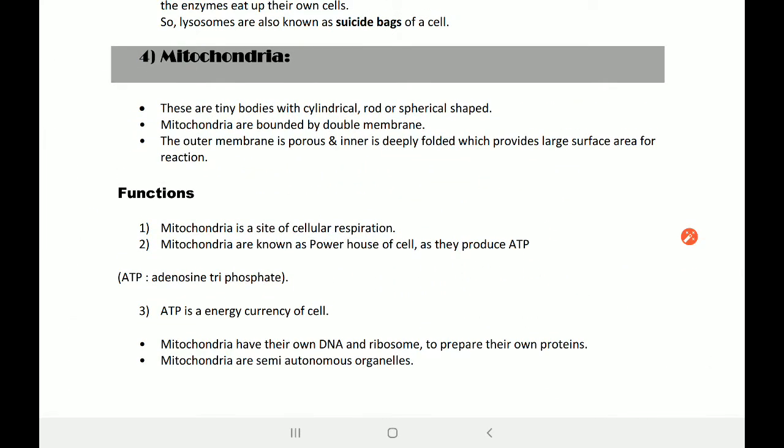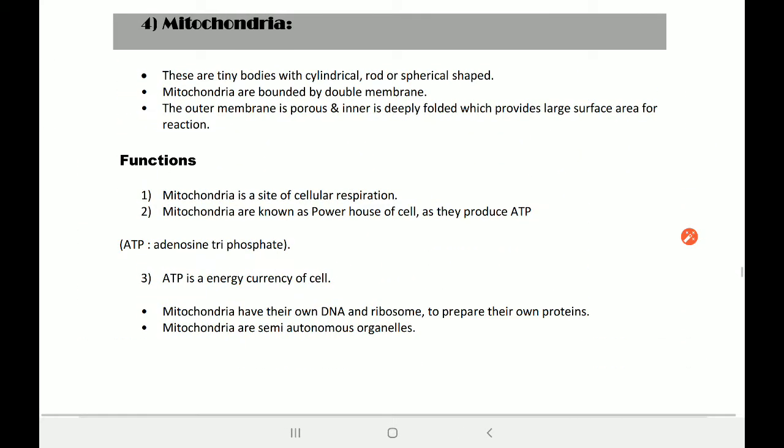Fine, so let us see mitochondria. It's an energy generating factory, you can say. Mitochondria is nothing but a factory for energy generation. Here the basic energy required for the cell is generated. Mitochondria in fact generates ATP, adenosine triphosphate. You may not remember this word, it's okay.